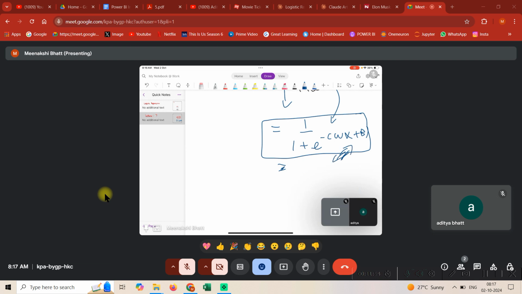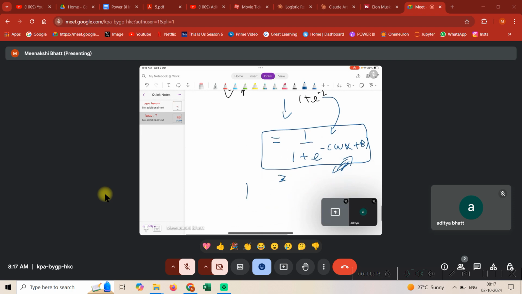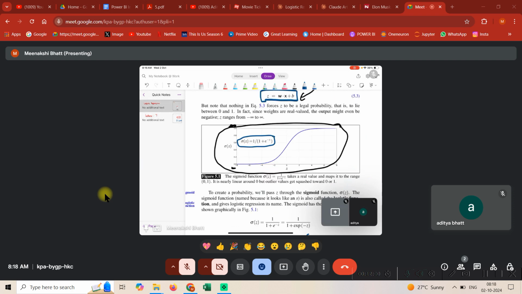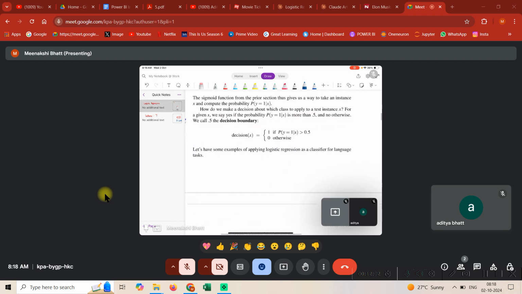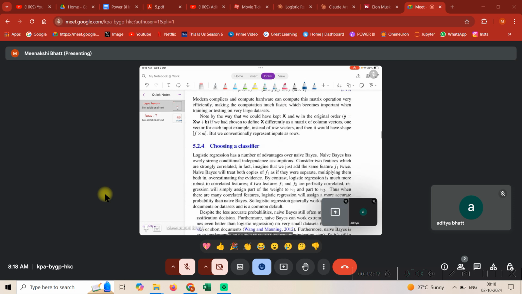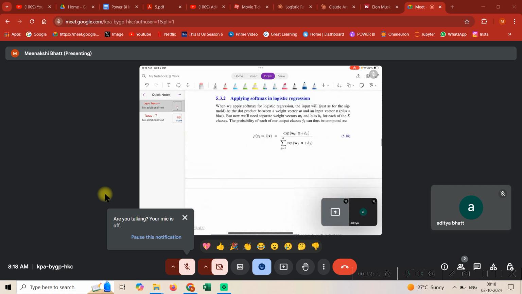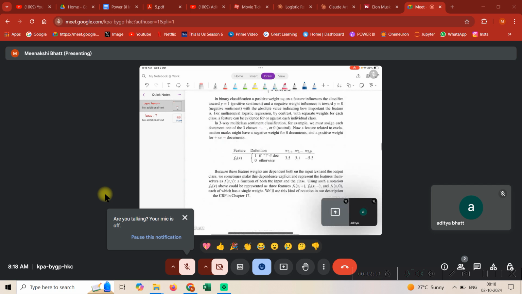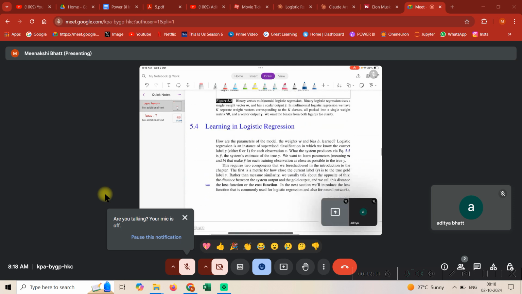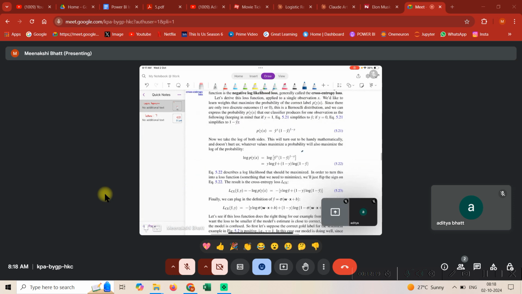So this was more of a mathematical intuition, and the loss function involved in logistic regression is cross entropy loss. Let me show you the equation. This is the equation for the cross entropy loss function.